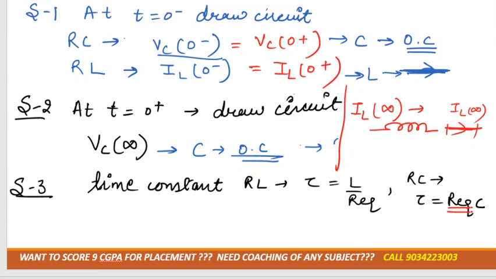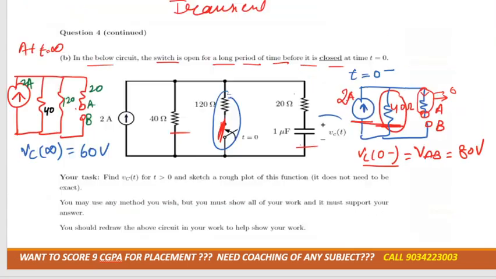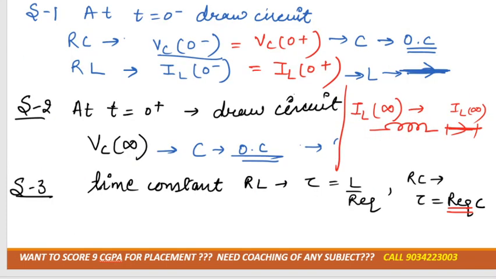Now we need to calculate R equivalent. For t greater than 0, what are the steps for calculation of R equivalent? For the calculation of R equivalent, the voltage source must be short circuit or open circuit?